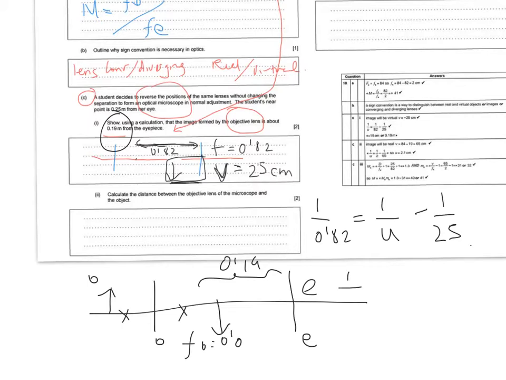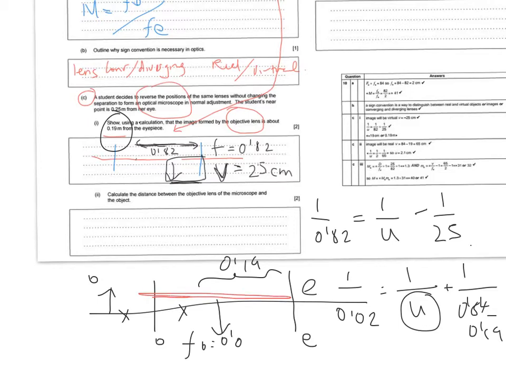You have 1 over 0.02 equals 1 over u, which is what we're looking for, plus 1 over 0.84 minus 0.19. Because remember, this distance here is 84 centimeters, and this is 19 centimeters. But we're actually interested in this distance here, which is 0.84 minus 0.19.